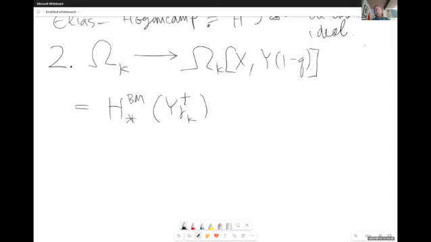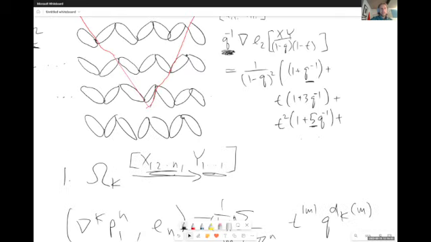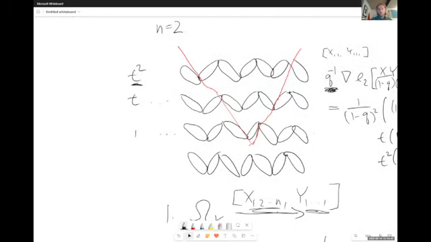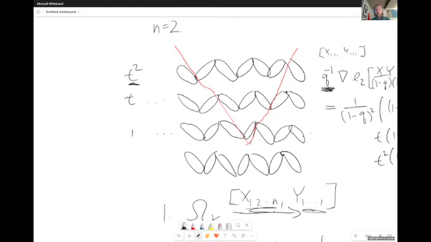The reason for this is, if I have a GKM space, and this guy is a GKM space. In fact, if you choose the torus action correctly, you're probably noticing it has infinitely many fixed points.